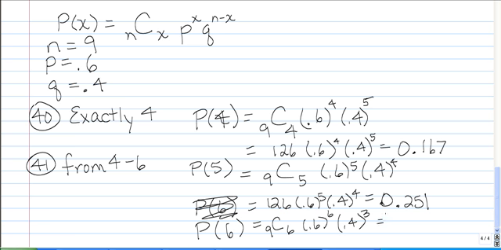If I do combinations of 9 taken 6 at a time, I get 84, and I want to take 84 times 0.6 raised to the 6 times 0.4 raised to the third, and I'm getting 0.251.